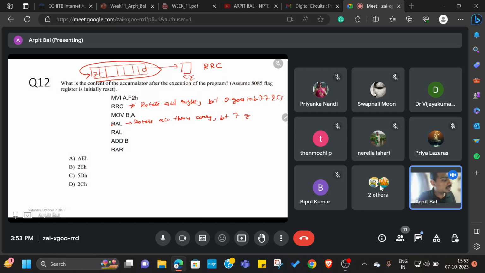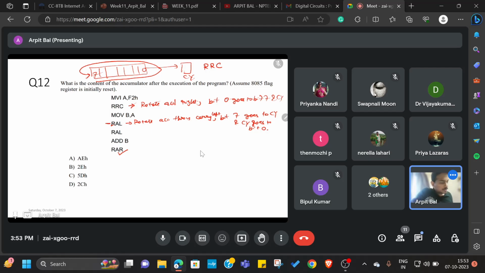Bit 7 goes to carry and carry goes to bit 0. So RAL means rotate accumulator through carry to the left, and RAR means rotate to the right, basically the analogous of this one.